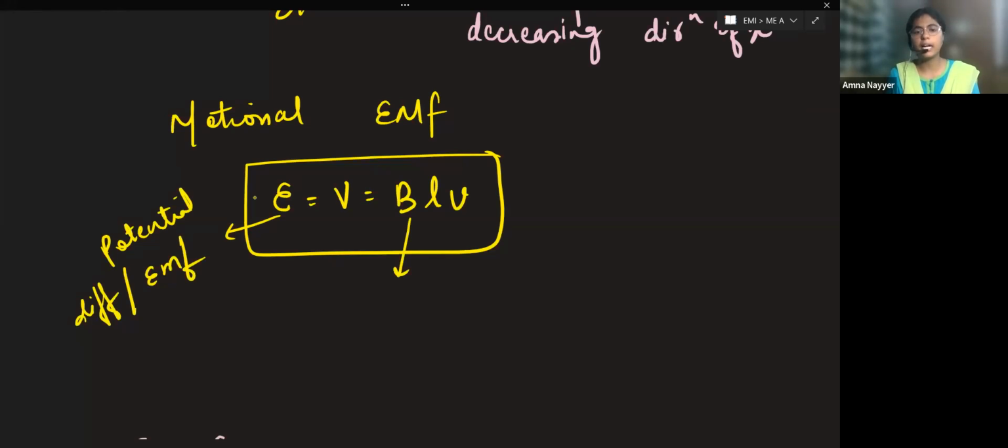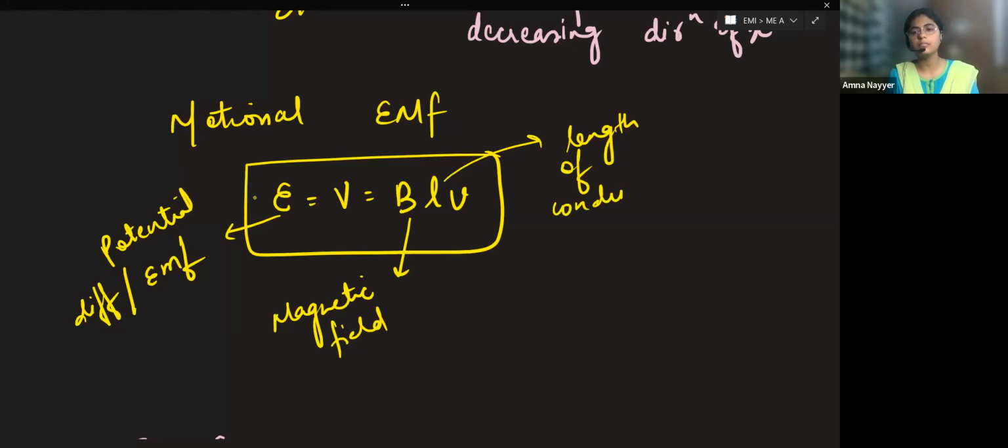B is the magnetic field, L is the length of the conductor, and V is the velocity. Right? This is your motional EMF.